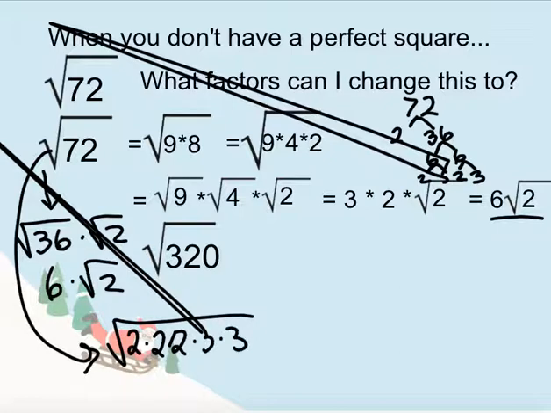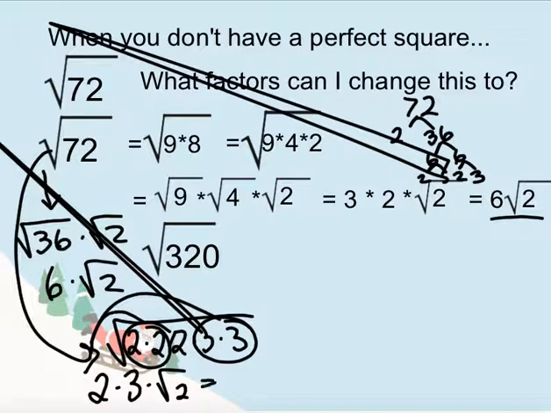And with simplifying radicals, if we see 2 of the same number inside the radicals, I can take those 2 and simplify them to just 1 outside. So I have a pair of 2s, a pair of 3s that I can circle and pop. And if there's 2 inside, well, that means there's just 1 outside. So 2 times 3 times root 2, which is 6 root 2.